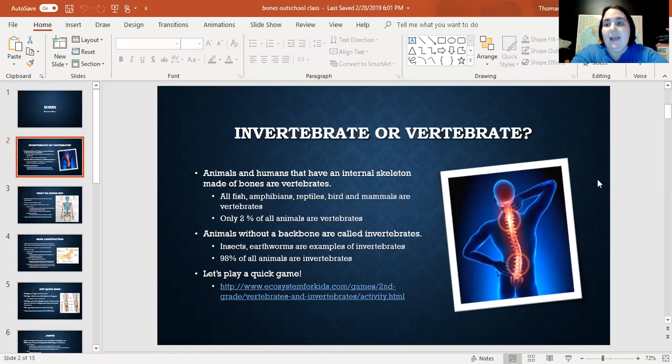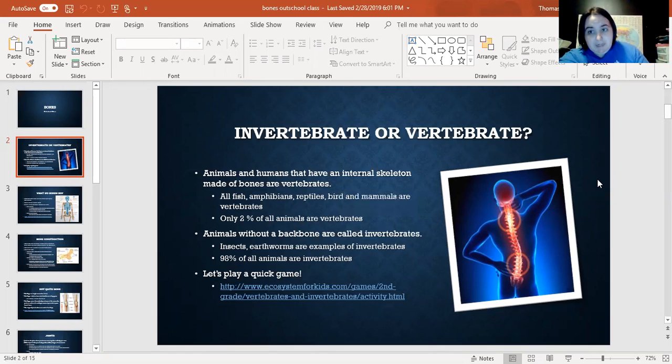However, earthworms do not have any type of bones. Just because they can slither does not mean that they are an invertebrate. So think about whether it has bones or not, and even cartilage, which can make it more flexible than having no bones at all.